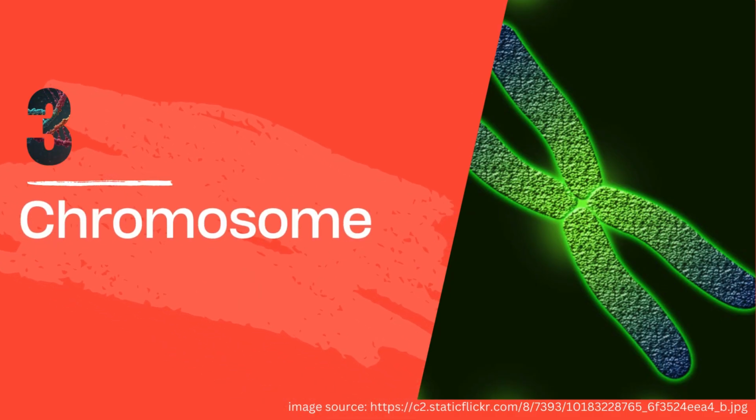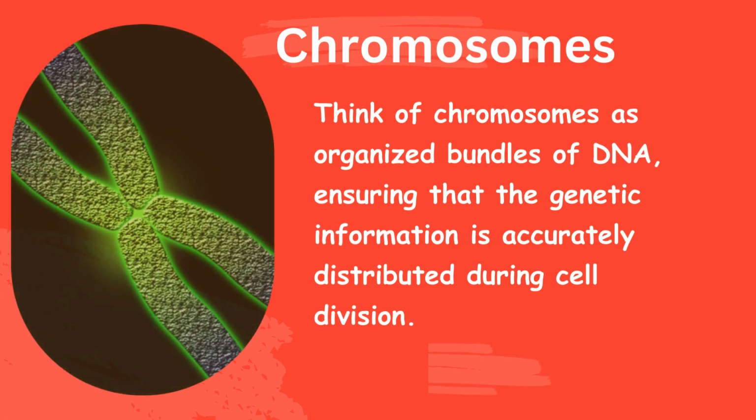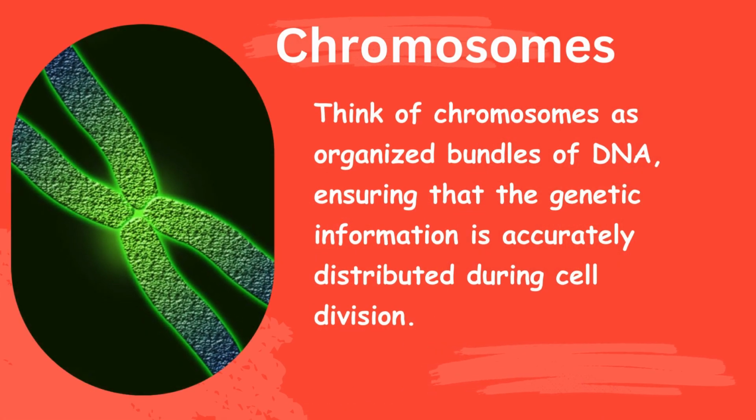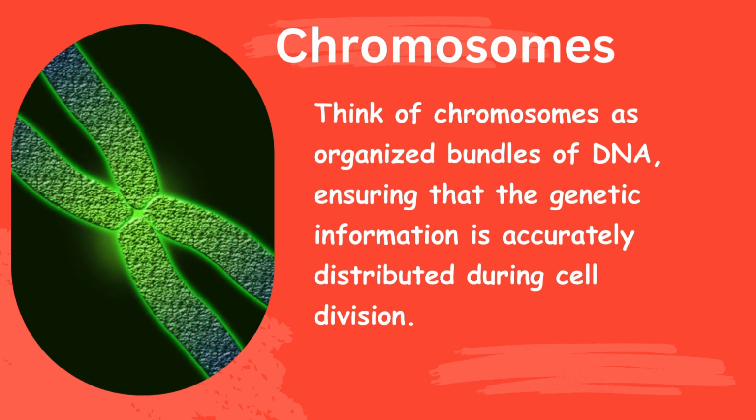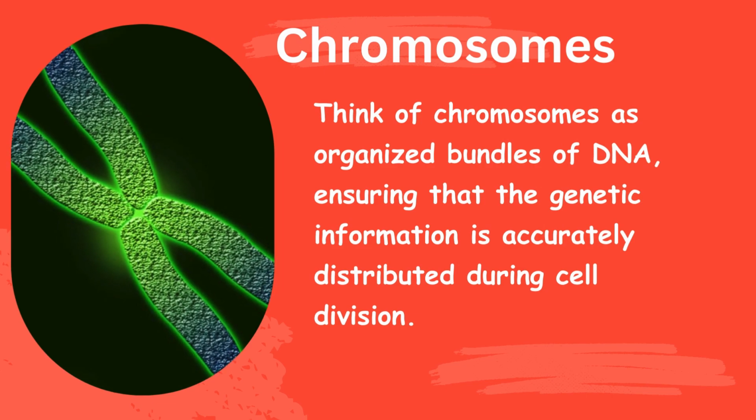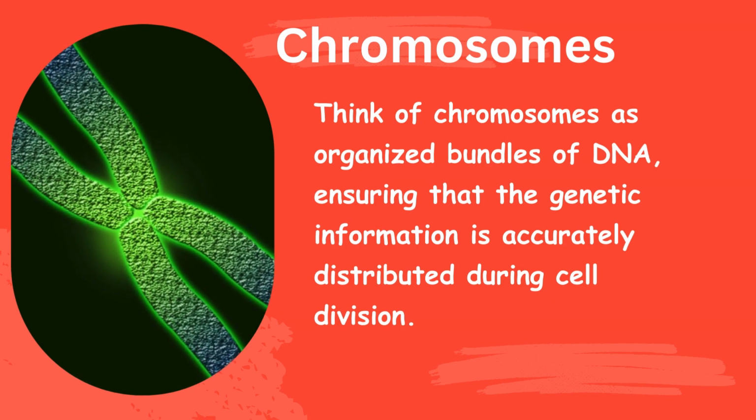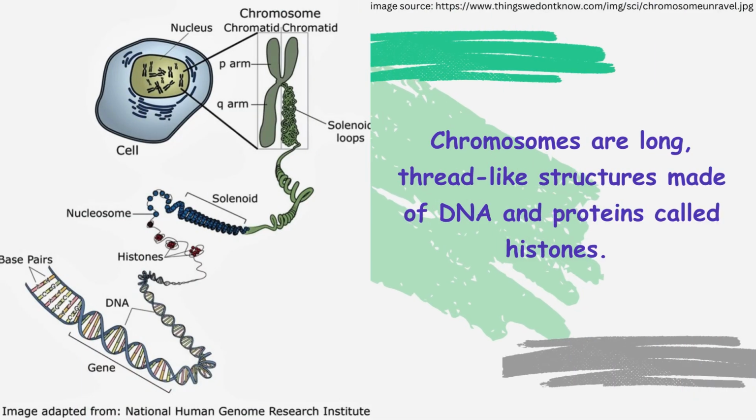3. Chromosome. Think of chromosomes as organized bundles of DNA, ensuring that the genetic information is accurately distributed during cell division. Chromosomes are long thread-like structures made of DNA and proteins called histones.